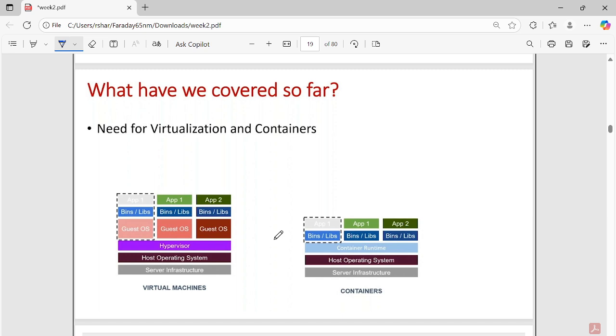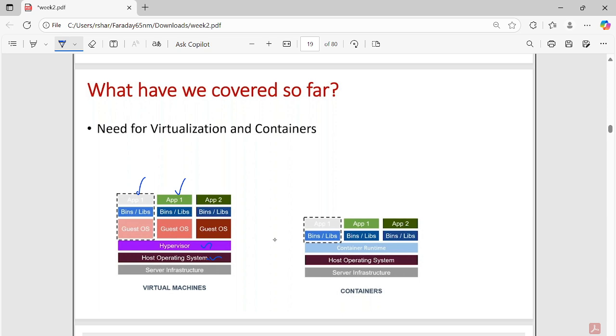So we are seeing the host operating system, followed by an entity called the hypervisor, which makes sure that one virtual machine is not aware of another virtual machine which exists.